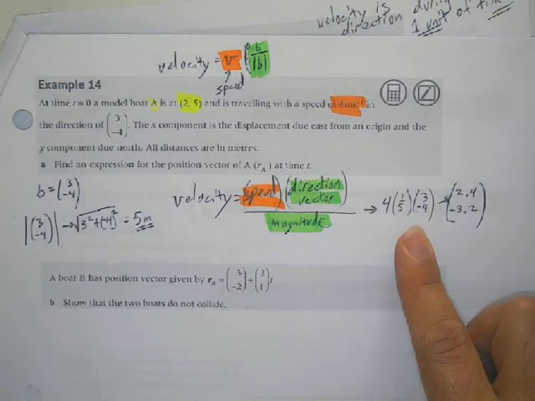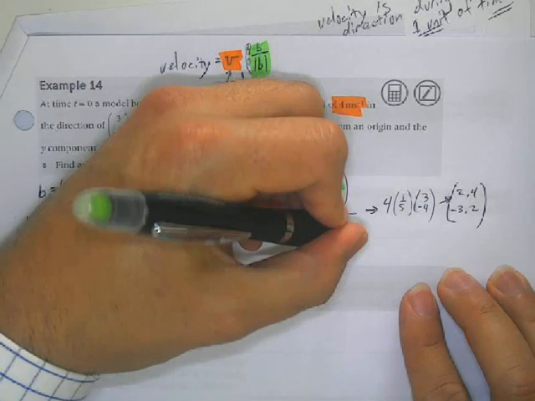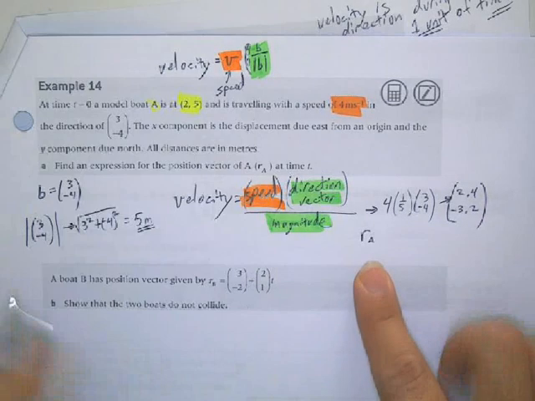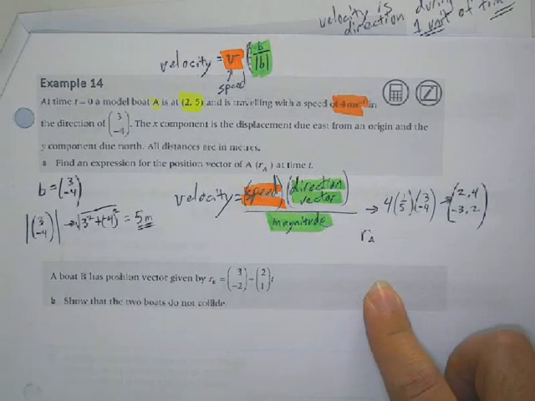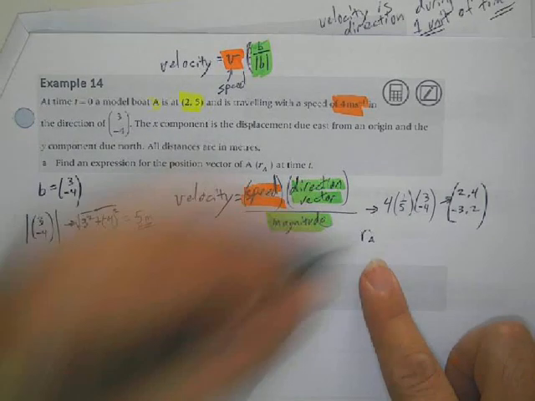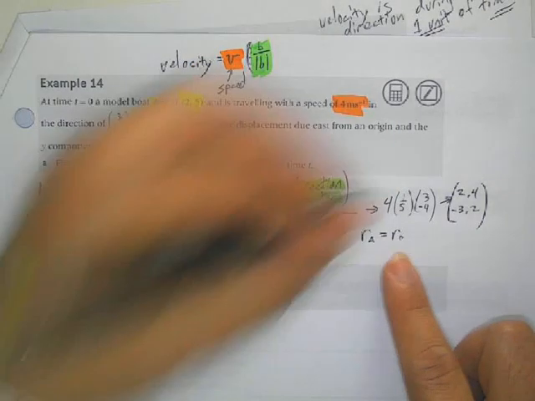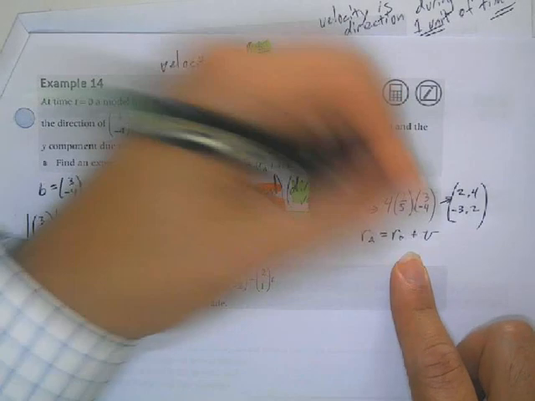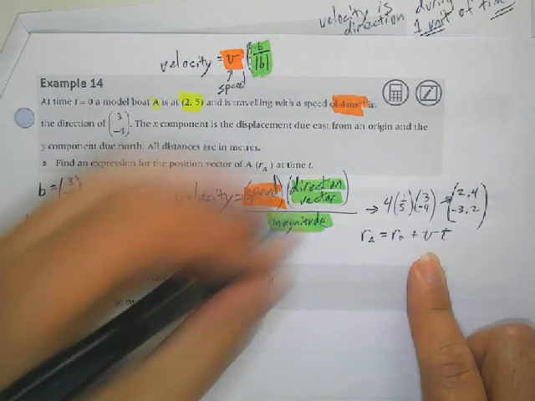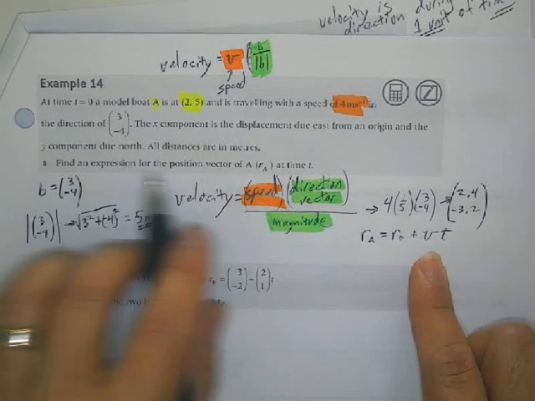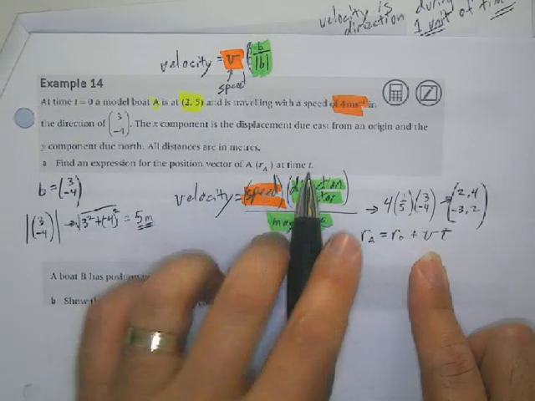Now I can rewrite this, because the position of A can be written as the initial position r0 plus my velocity times t. And so we're writing an expression for the position vector of A at time t.